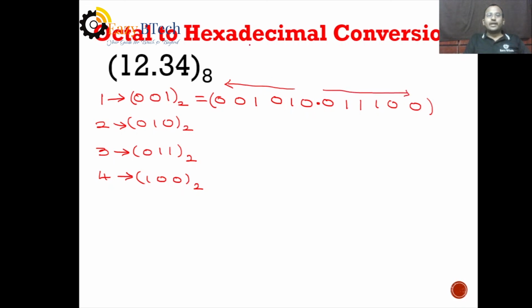So we have to find the hexadecimal. We have to group 4 bits at a time. Here we are left with only 2 zeros, so we can append 0, that doesn't matter. So the corresponding hexadecimal equivalent is 0.